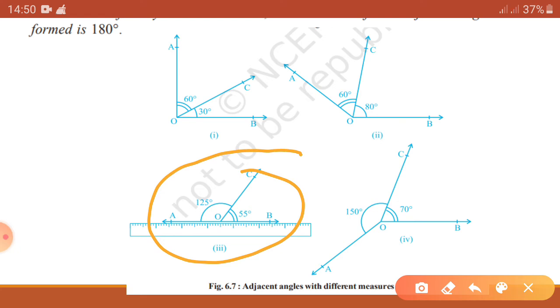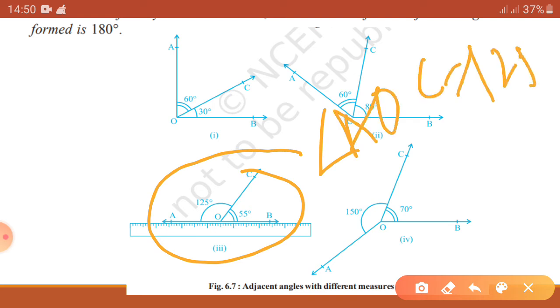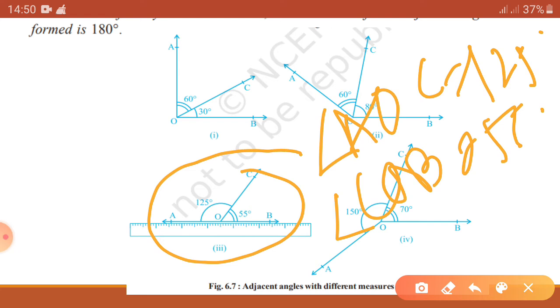Also see that angle AOC plus angle COB equals 125 plus 55 degrees, which equals 180 degrees. Here angle AOC equals 125 degrees and angle BOC equals 55 degrees. So ultimately we got angle AOC plus COB equals 180 degrees. From this you may conclude that A is true.